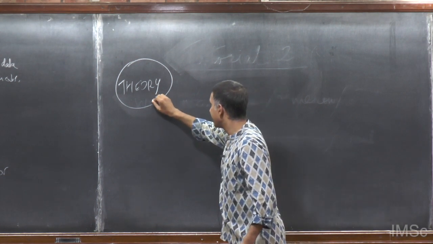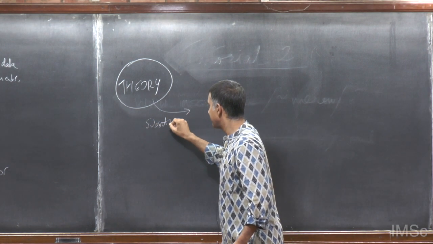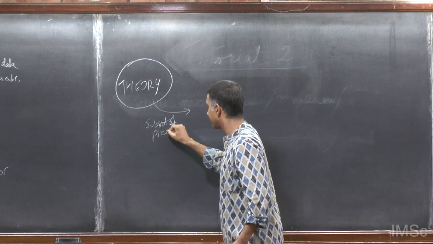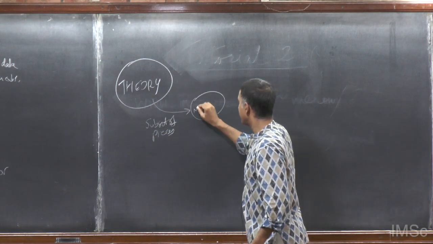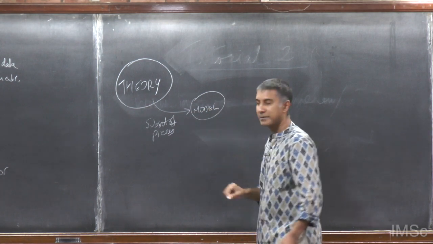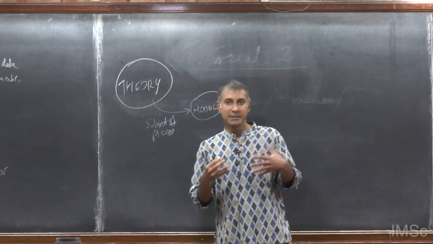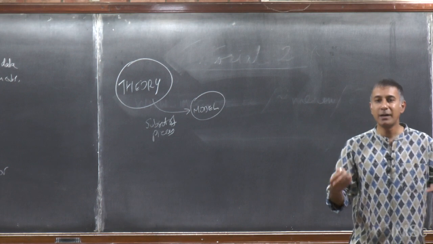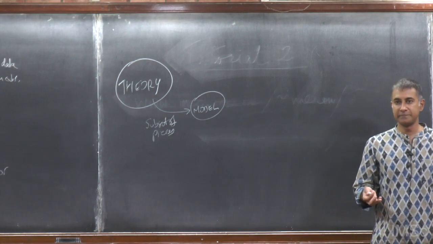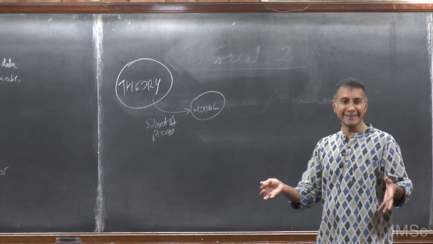Now, from the theory, you pick a subset of assumptions, a subset of pieces. So this is a big theory. It's pretty universal. And you make a model. Now the model is there to understand how the theory works. The theory on its own doesn't do anything.